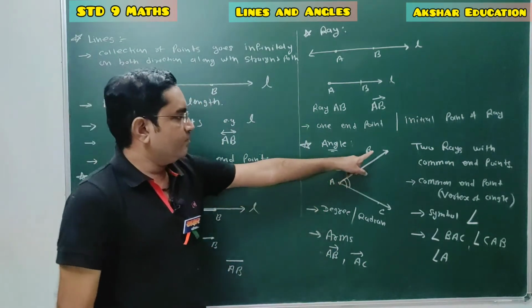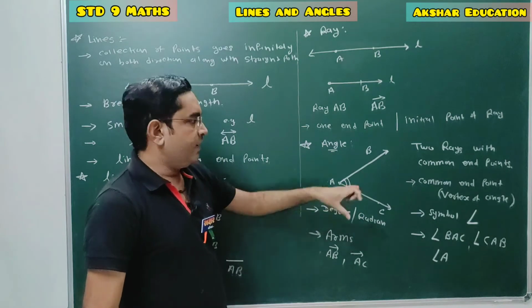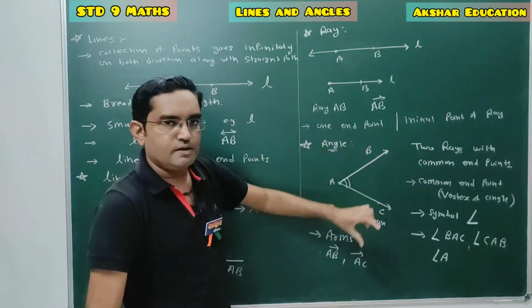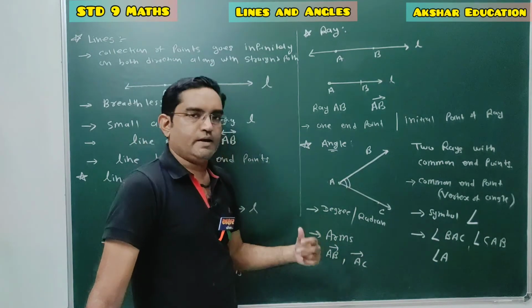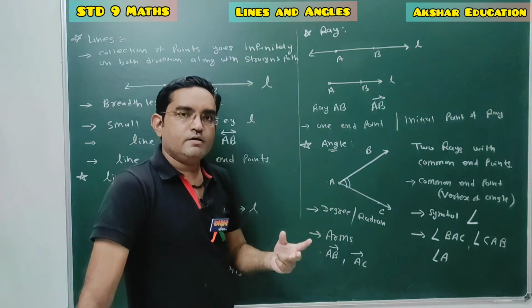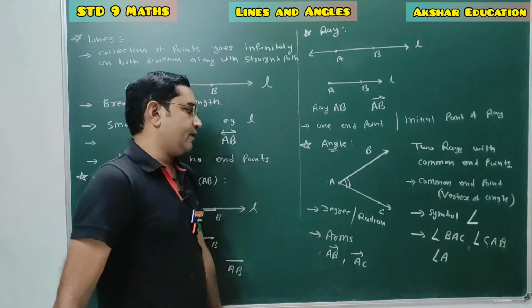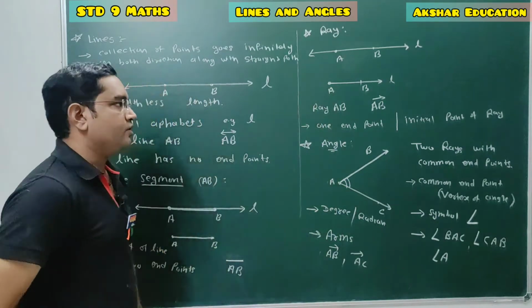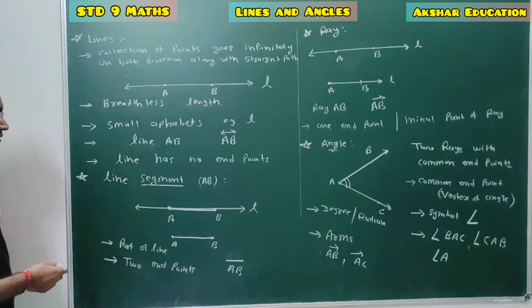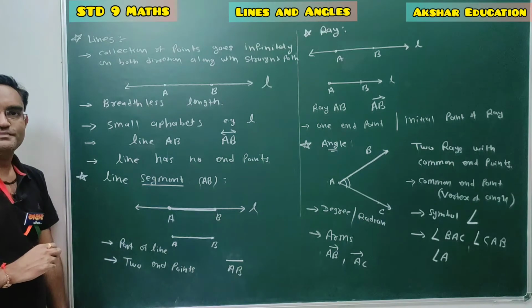So for this angle BAC, point A is the vertex of the angle, and ray AB and ray AC, the rays which form the angle, are the arms of the angle. Clear? Arms of the angle are nothing but the rays. So this is the short introduction regarding line segment, ray and angle. Pause the video and note it down.